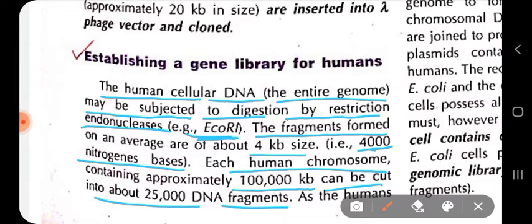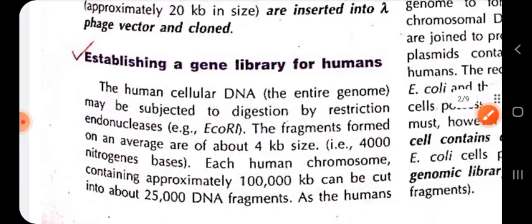Each of the fragments will be about 4 kb in size, on average. It can be more, it can be less. 4 kb means 4,000 nitrogenous bases, which is very ideal for us. We can insert them into a suitable vector to carry out our experiments.